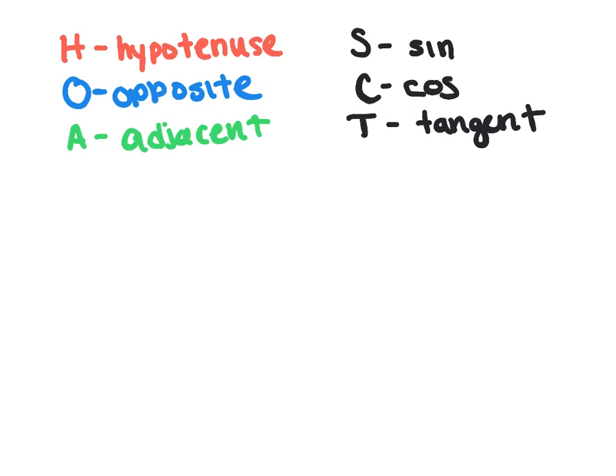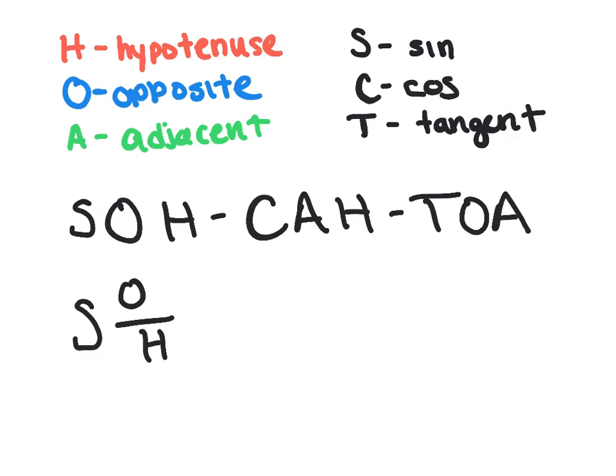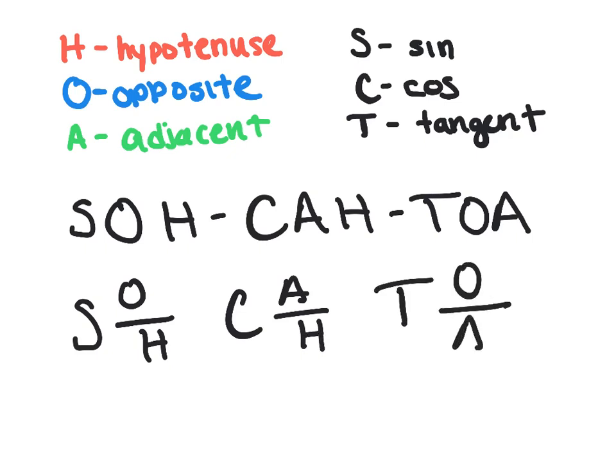Now the mnemonic device is either written as SOHCAHTOA, written in this way, or it's written with the fractions. But using this, we can tell that the first part here, S is O over H, tells us that if we fill it in, the S stands for sine.